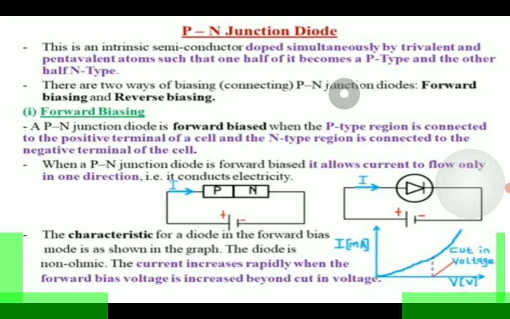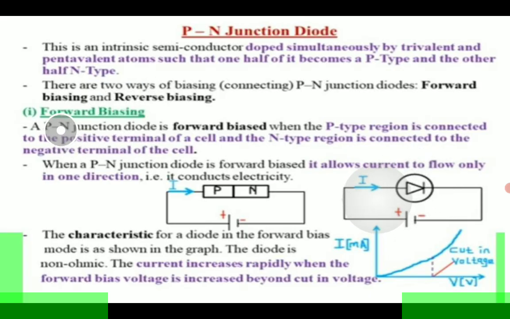These two ways are forward biasing and reverse biasing. We are going to explain what this means shortly. So there are two ways to connect a diode in a circuit: the forward connection and the reverse connection.